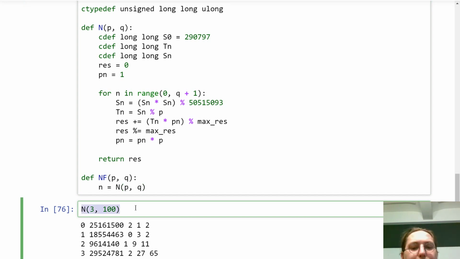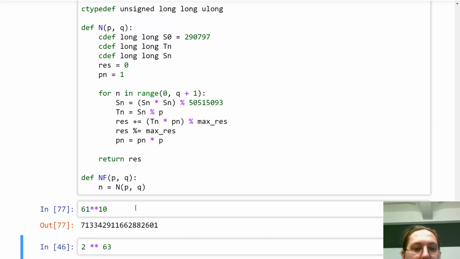Is that true? 61 to the 10th is around 10 to the 15th or 16th.